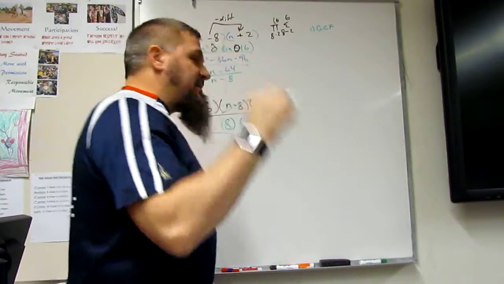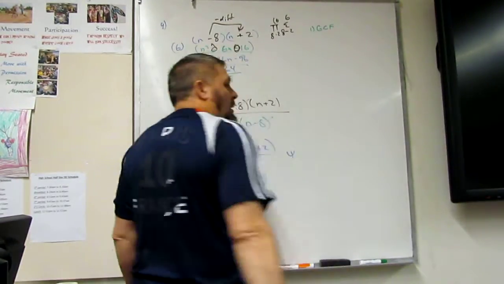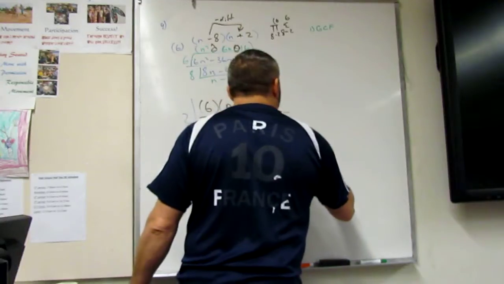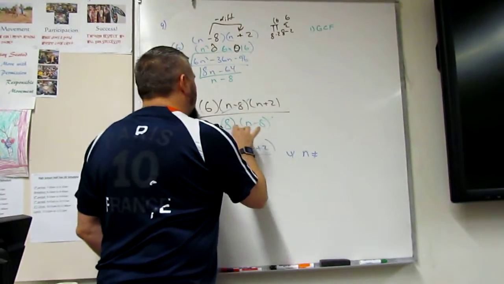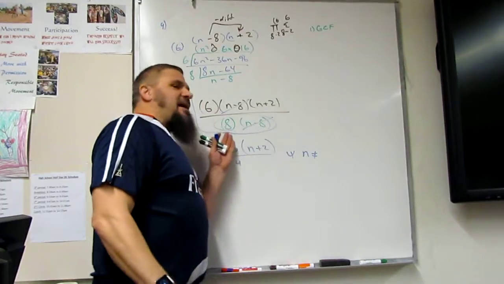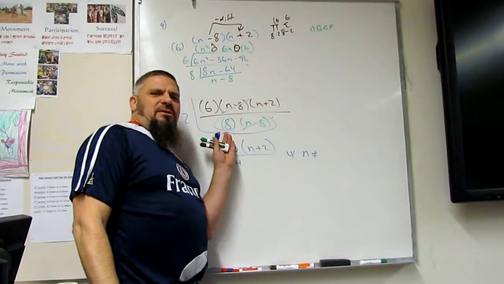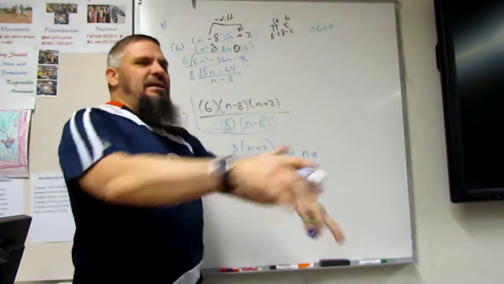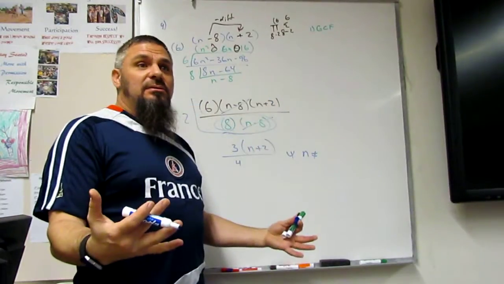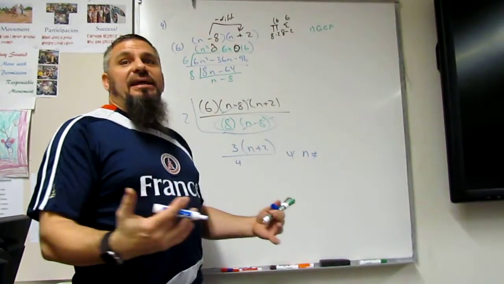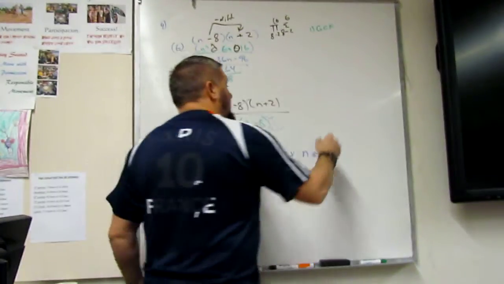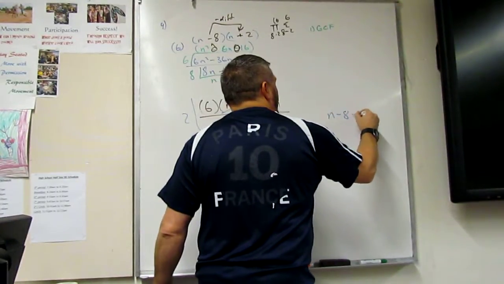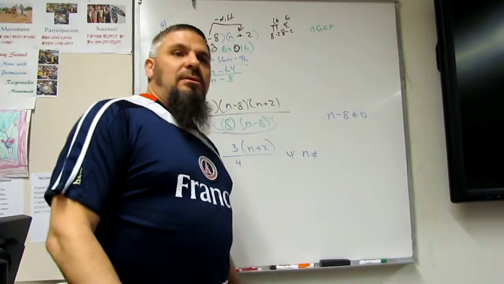Okay? But, what can n not be? Remember, all of this n cannot be. But does it matter about the 8? I can't change an 8, right? An 8 is an 8 is an 8, correct? 8's just 8. It's not going to change. But what will change is the n minus 8. n minus 8 cannot go to 0.